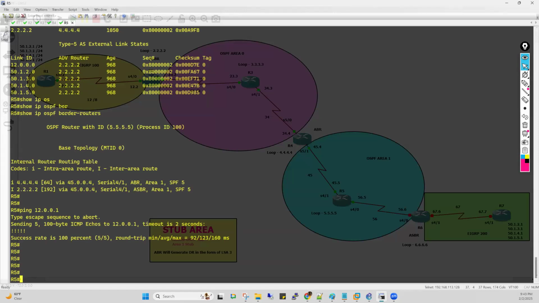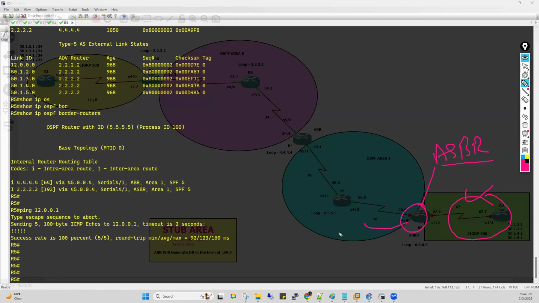Sir, if one more ASBR router connects, in that time also it will set the E bit in this topology. Yes, same way. For example, here you can use another EIGRP. So this router will work like an ASBR.